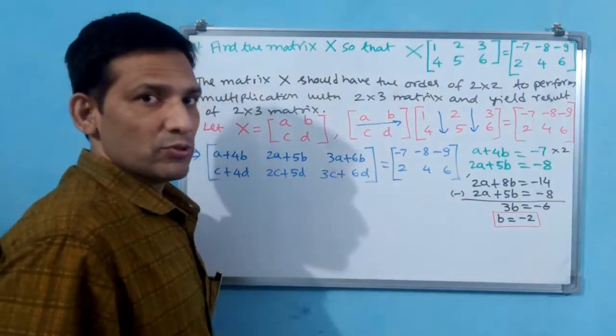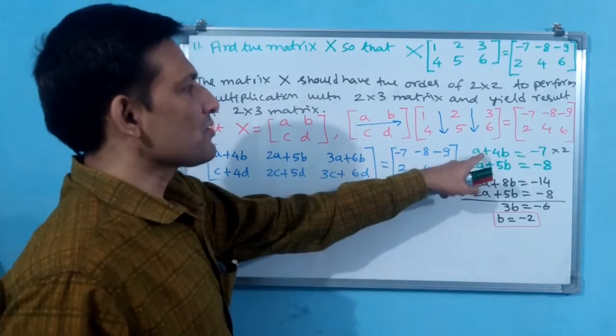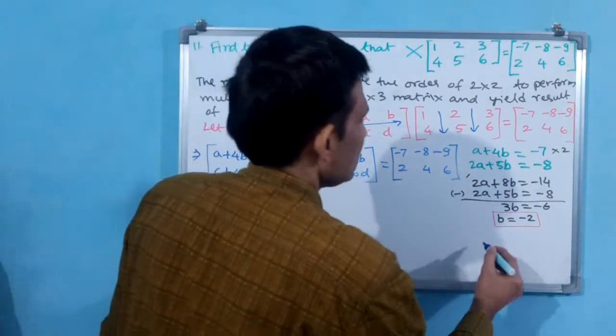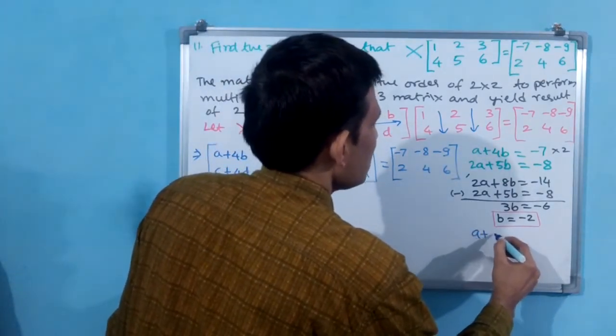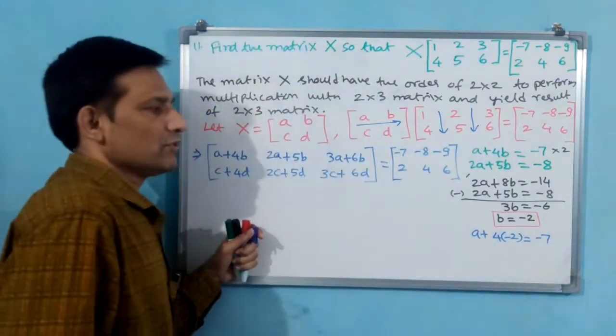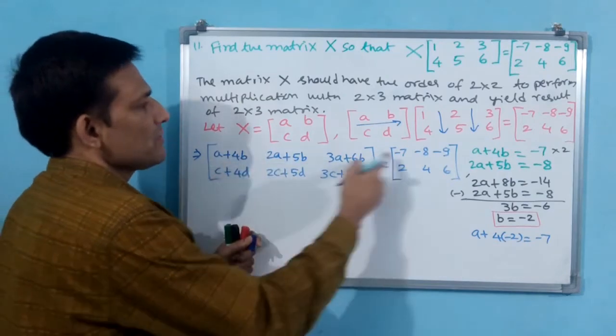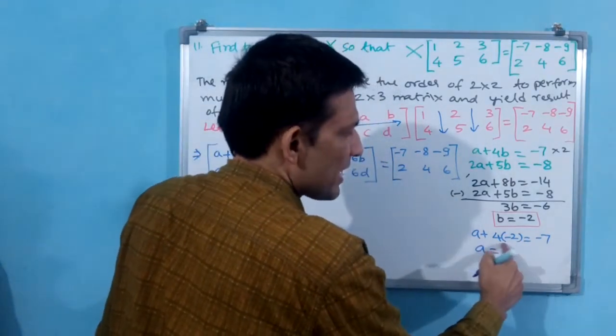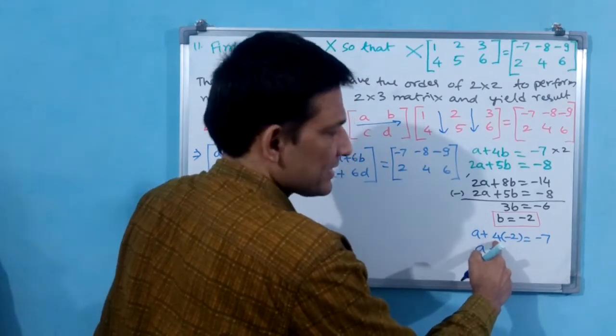If B is minus 2, what is A? You substitute B here and write down: A plus 4 into minus 2 is equal to minus 7. A plus 4B is equal to minus 7. Now A is equal to minus 7 minus minus 8. Minus 2 into 4 is minus 8.